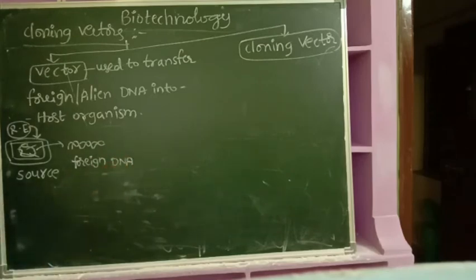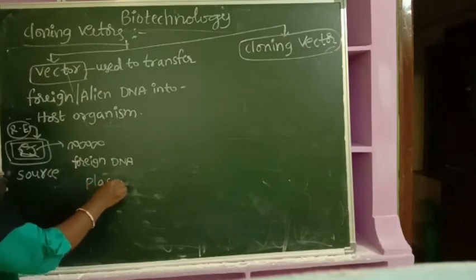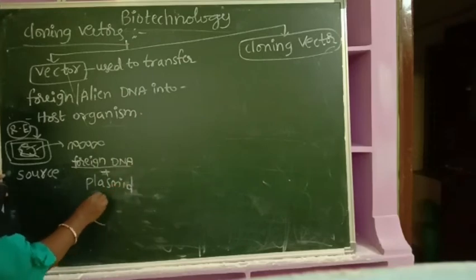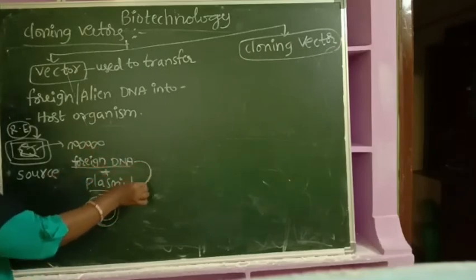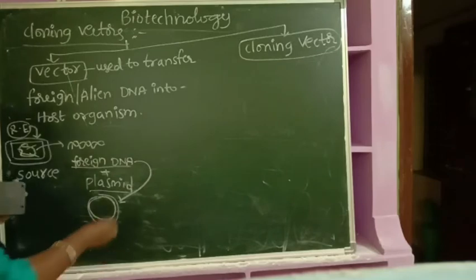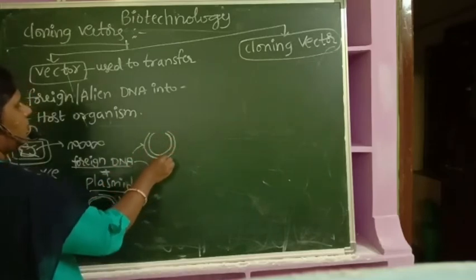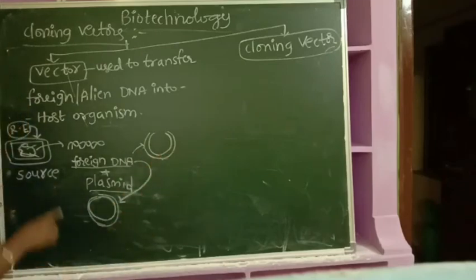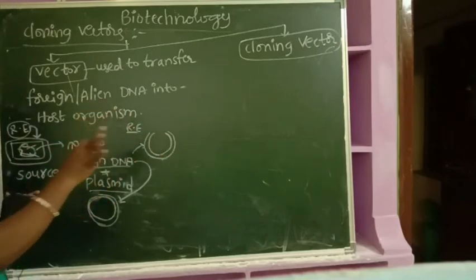Now this foreign DNA will be joined with the plasmid. Let us imagine the plasmid is like this. The plasmid is cut with EcoRI, or the specific restriction enzyme used for cutting the foreign DNA, the same restriction endonuclease enzyme which cuts the plasmid at the same site.